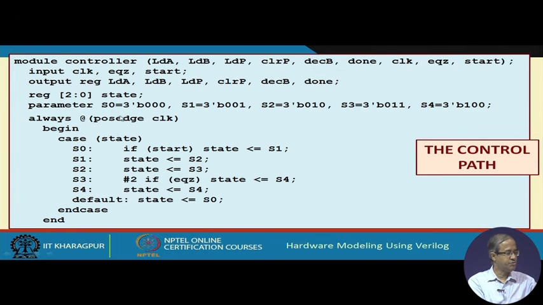Now, if you are in S2 and a clock, you will always go to S3. Now, if you are in S3, then you check if equal to 0 is activated or not. So, if it is true, that means you are done, then you go to state S4 or else you remain in S3, no change. And once you are in S4, you do not change, you remain in S4 and by default, if it starts with any undefined, it will be initialized to S0.